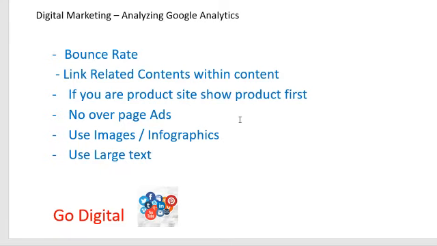One thing you can do is link related content within your content. If you are a content-based website and you mention an author, and you have some content by that author on your website, then you can link it within your content. If you are a product-based website, then show that product first.